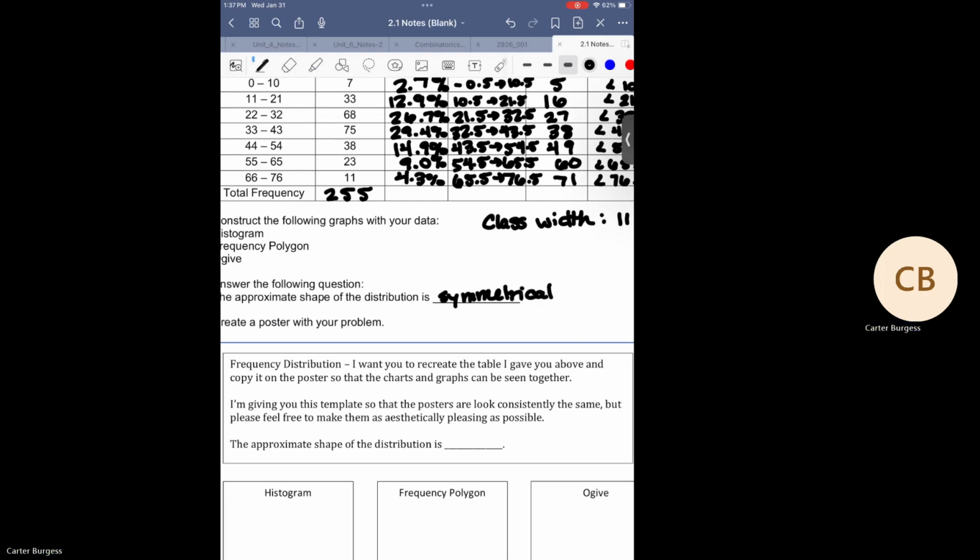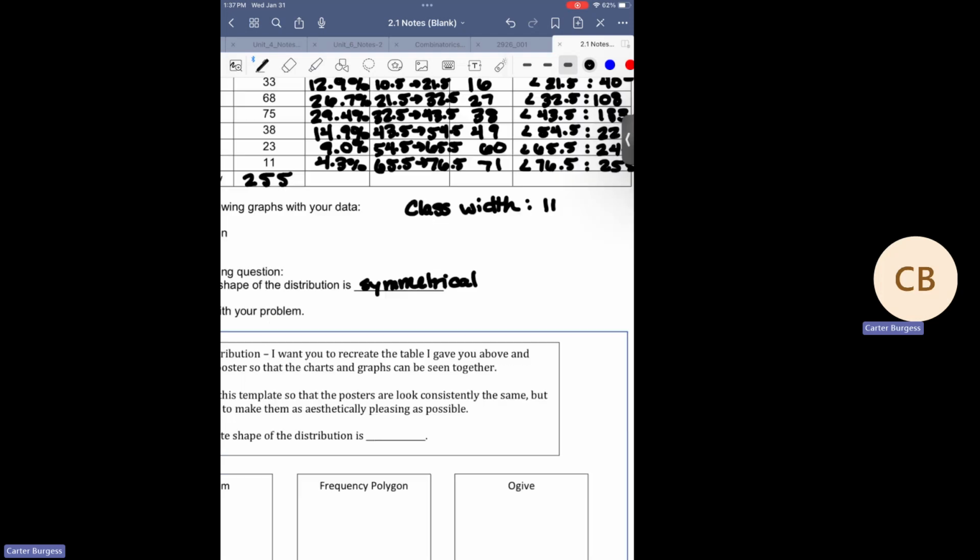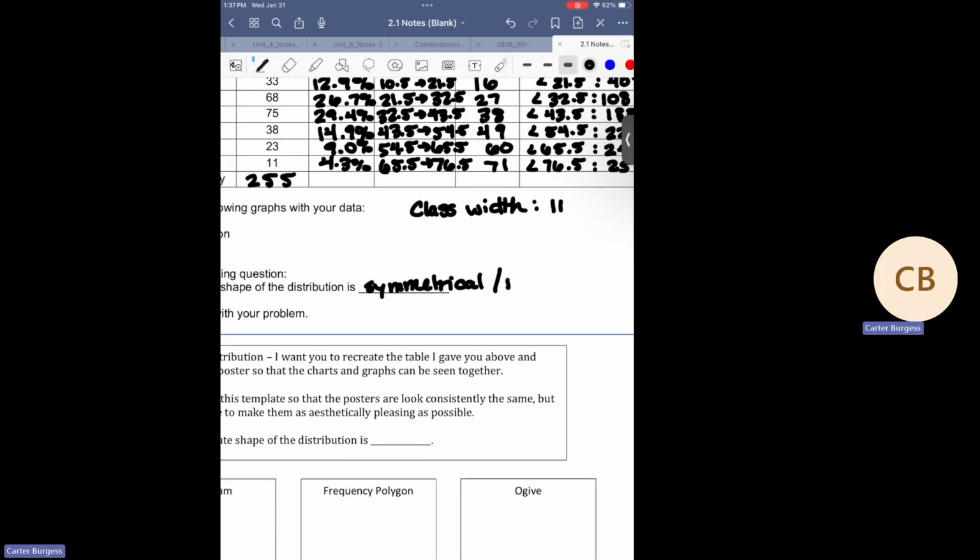A little bit of an asterisk here, this kind of shape that we see here will also sometimes be referred to as a normal distribution. Those are effectively equivalent terms.